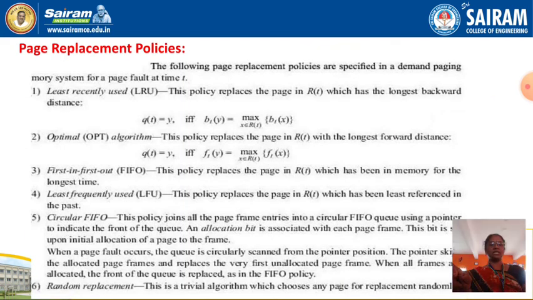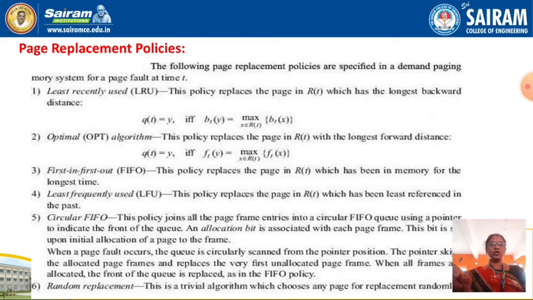There are some commonly used, popularly known algorithms. The first one is the least recently used algorithm. The least recently used algorithm replaces the page which has the longest backward distance. A page that has been used very few times will be immediately replaced.